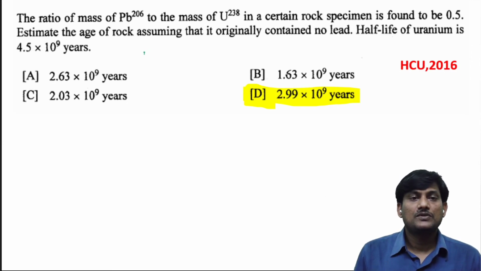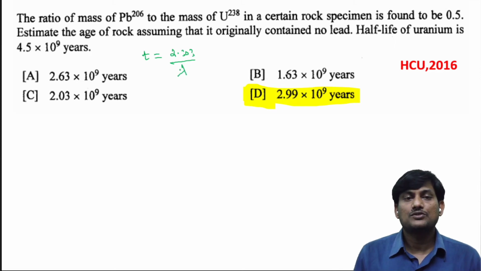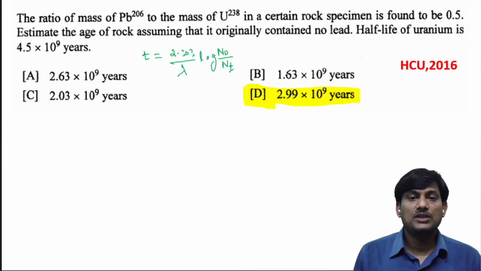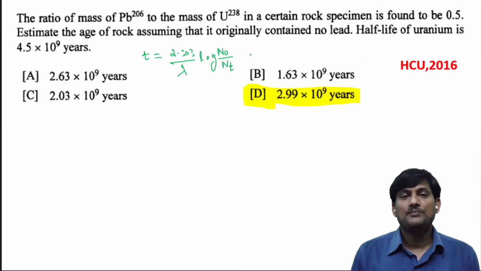That is t = 2.303 / λ (disintegration constant) log N0, the initial number of uranium nuclei, over N, the number of uranium nuclei at time t.